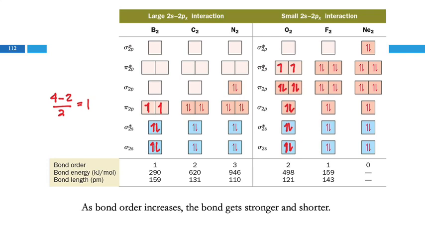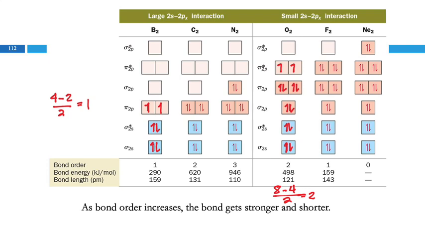The order is different here. So now we've got bonding orbitals, 2, 4, 6, 8. 8 electrons in bonding orbitals, and we've got 2 plus 2 is 4 in the anti-bonding orbitals, and so that gives us that bond order of 2. Not as stable as nitrogen.